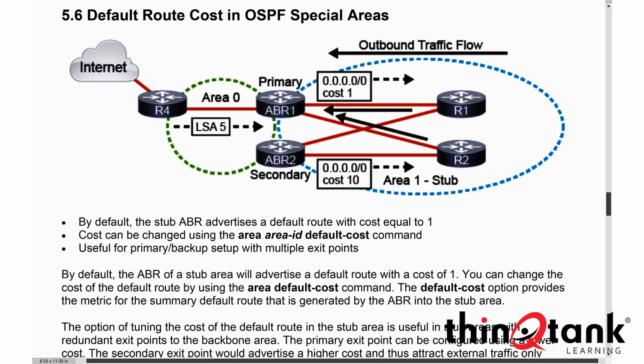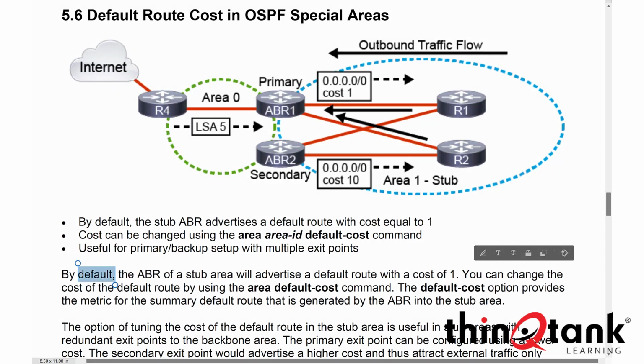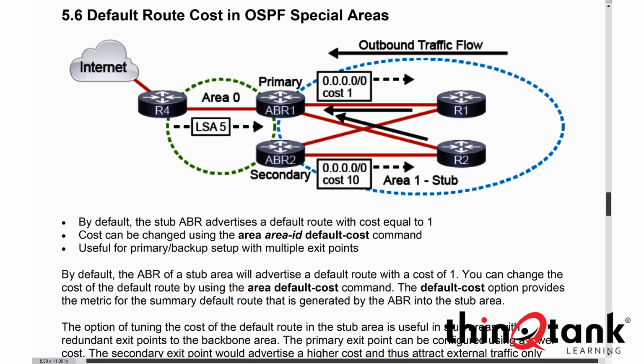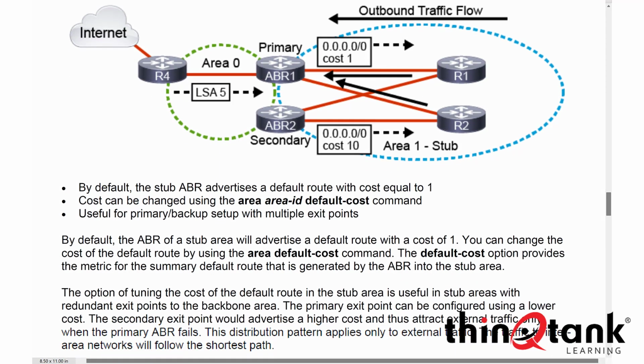And that's essentially what we're seeing in this particular case. So for the secondary ABR, rather than having that default cost of 1 being sent in, we're going to go ahead and establish a seed metric or a seed cost of 10 for that particular default route. And we can use the area ID command to actually set that value.